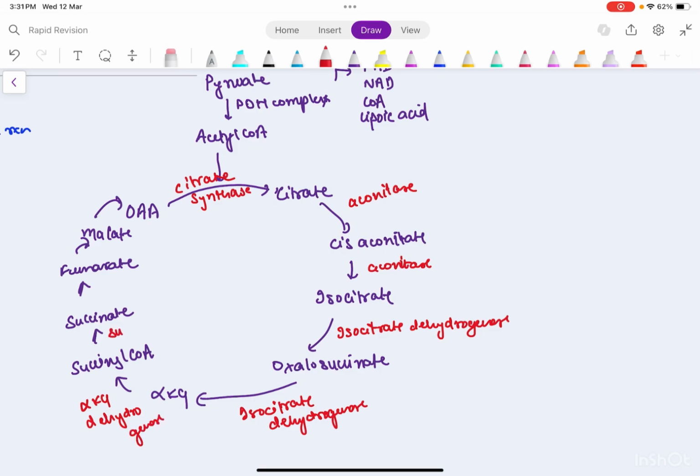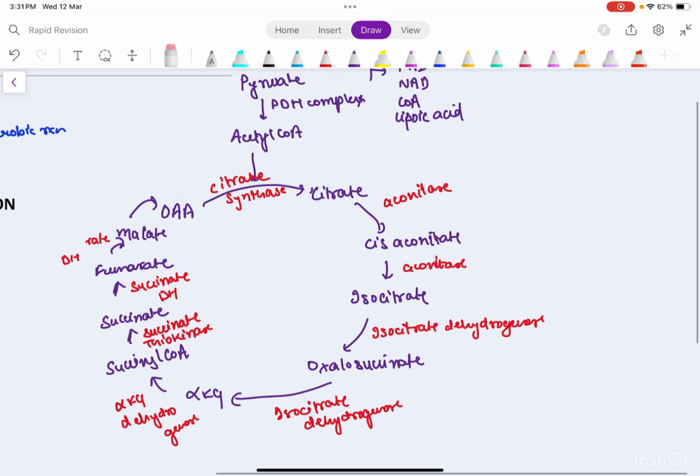Here you have to remember enzyme which is succinate thiokinase. Here the enzyme is succinate dehydrogenase. Here the enzyme is fumarase, and here we have malate dehydrogenase.